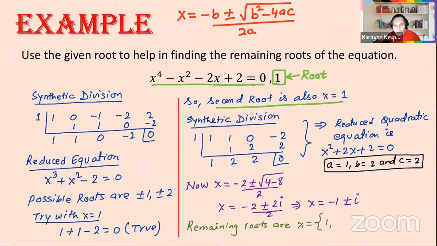And then the third root, we get two roots here. The third root is -1 plus i, and the next one is -1 minus i. Okay, so this is how we can solve the fourth degree polynomial equation.